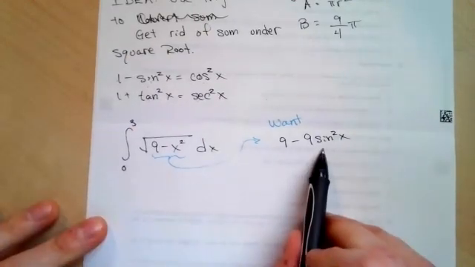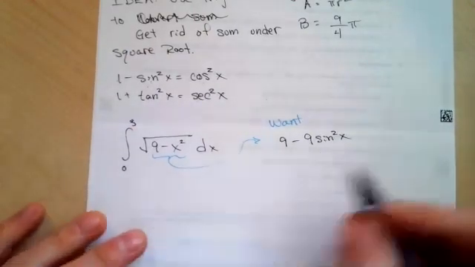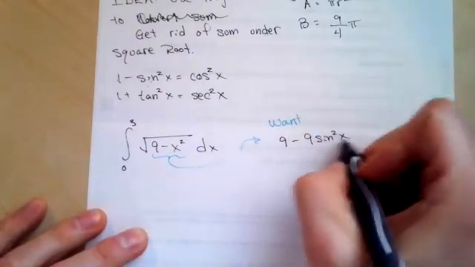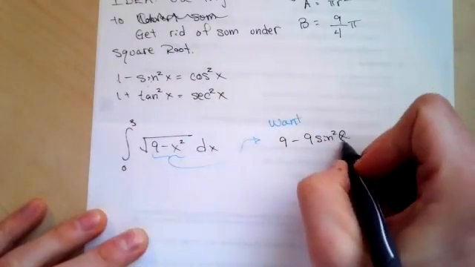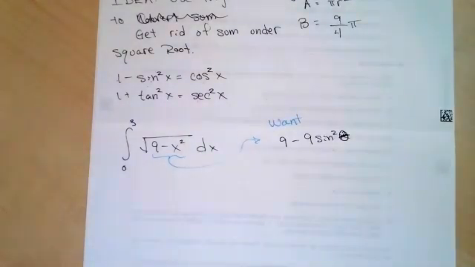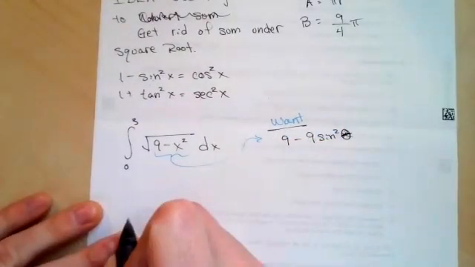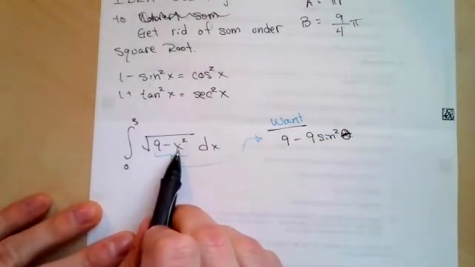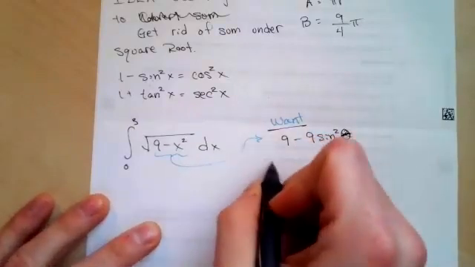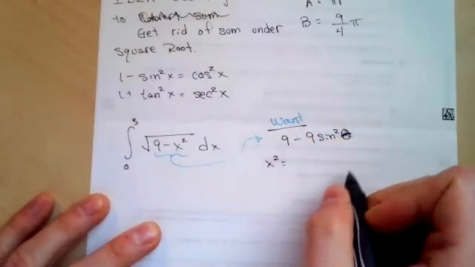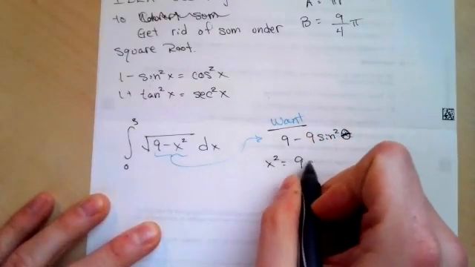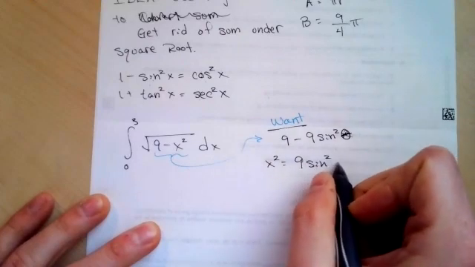And so if this is what we want, and actually, sorry, let's change the variable here. Since x was our given variable, let's make this a theta for our angle. So if this is what we want, how do we get that? Well, I have an x squared. I need that x squared to be 9 sine squared of theta.